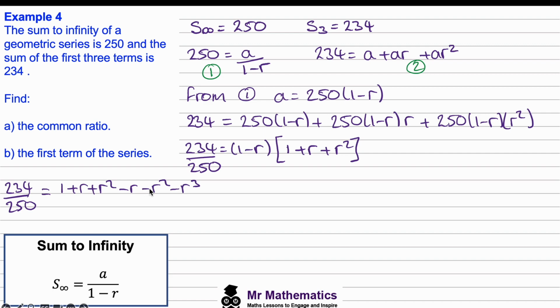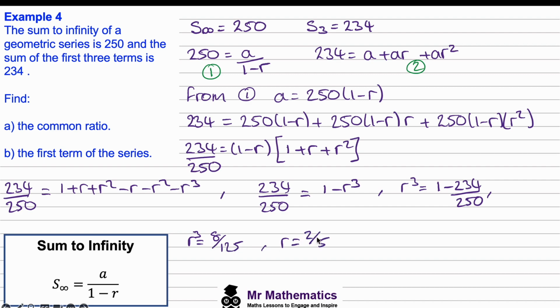What we're left with is 234 out of 250 will be the 1 minus r cubed. We can move the negative r cubed over to this side and the fraction to the right-hand side. So r cubed will be 1 minus 234 over 250. We can work this out on our calculators. So r cubed will be 8 over 125. Then to work out r, we can take the cube root of both sides, and this will give us 2/5.